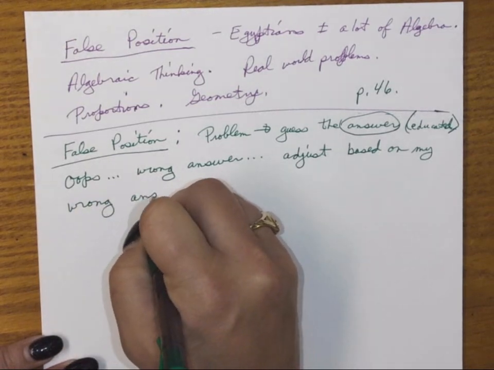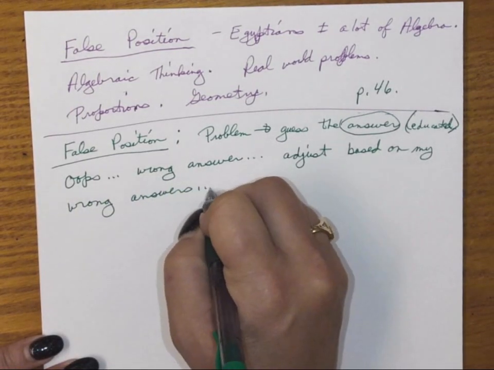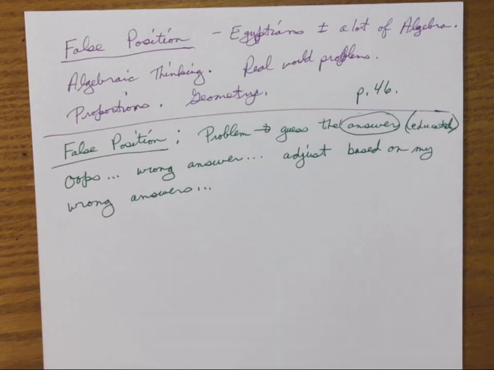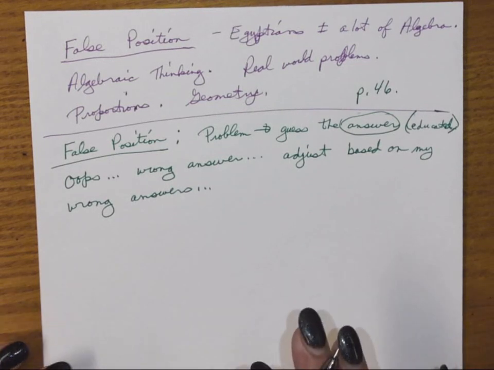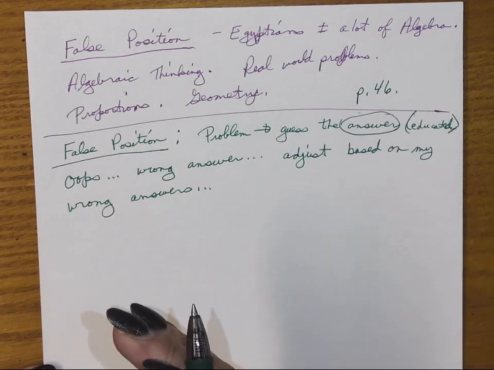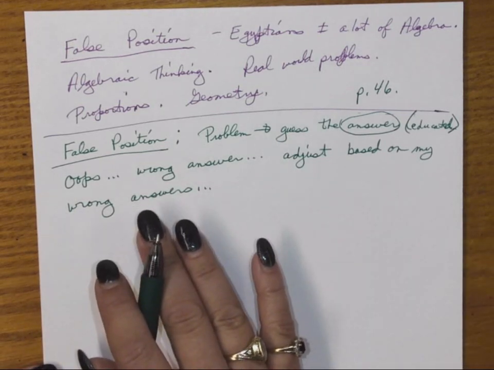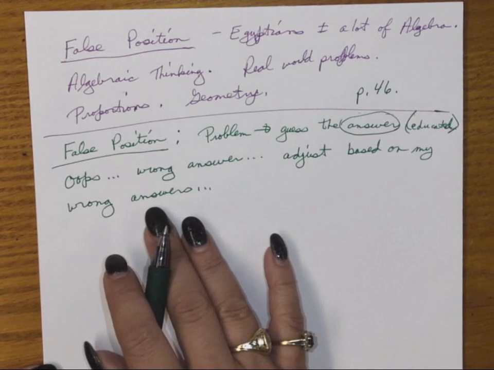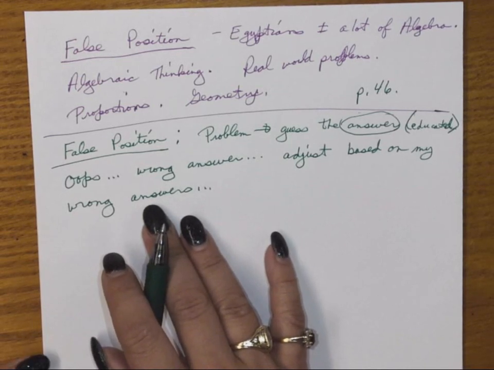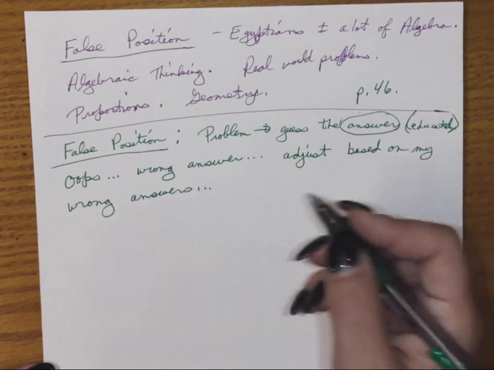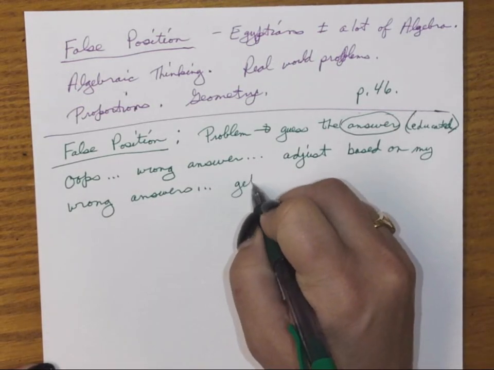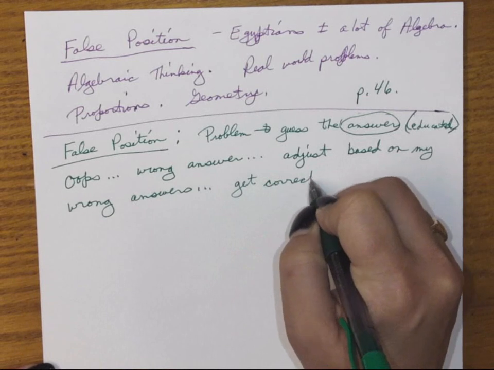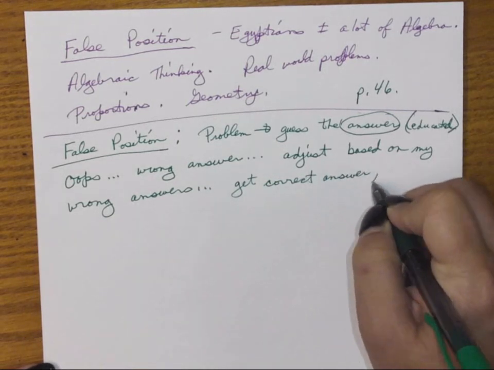I'll use that, and actually what you'll see, if you really read this section and look through it, is that we'll see later some stuff that comes from the Arab nations, and we already talked about how we get our numbers from the Arab nations, and there's some stuff that comes down where they use this exact same concept, and it's basically like, oops, my bad, okay, I don't care, I'm just going to use my wrong answer and go forward, and I'll get the correct answer based off of my mistakes.